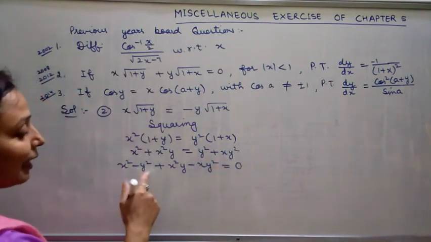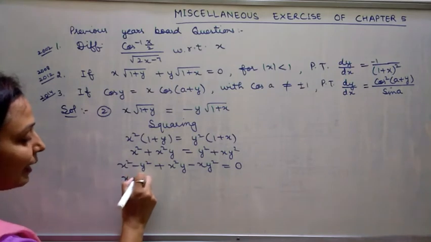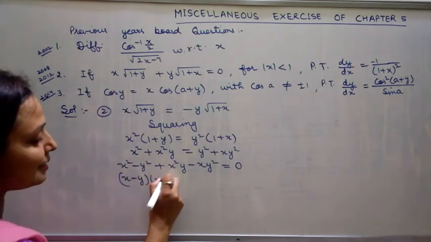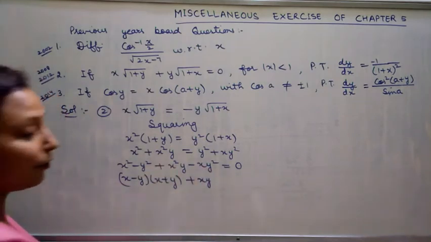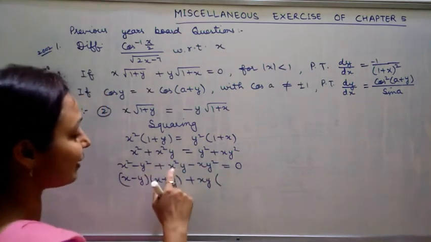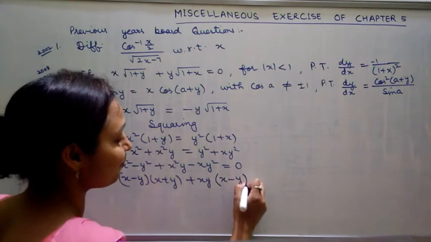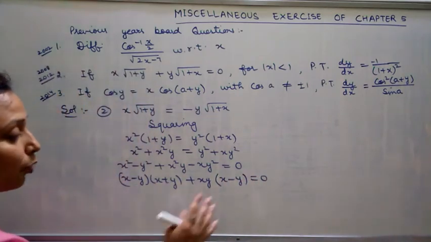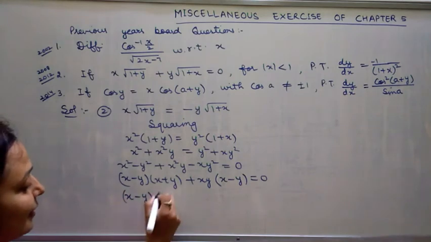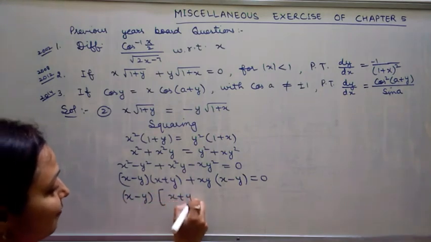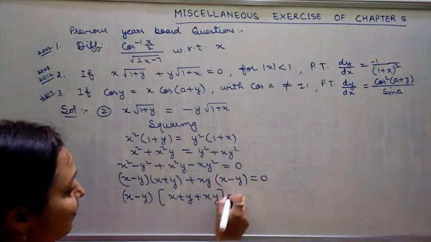Right? Apply the formula a square minus b square equals a minus b into a plus b, and here we will take xy as a common factor. When you take xy as a common factor, it is x minus y. In between these two, what is common? x minus y and x minus y. I will take this x minus y common: x plus y plus xy is equal to 0.